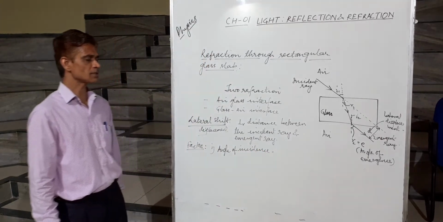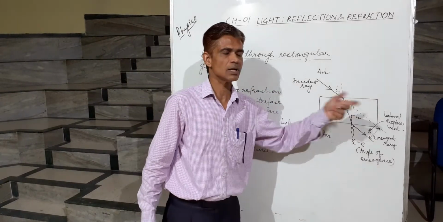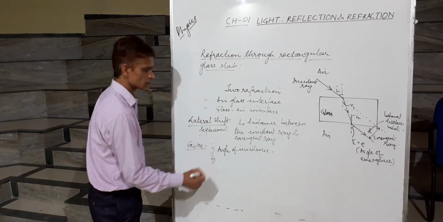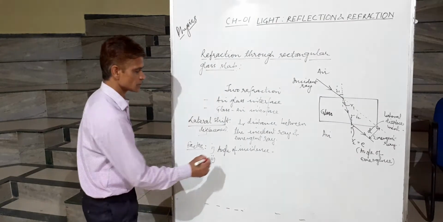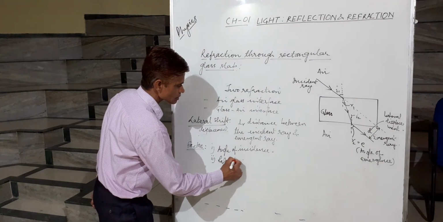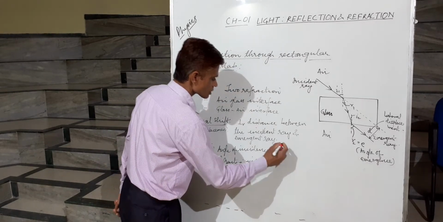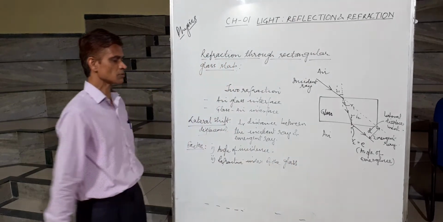If we change the angle of incidence for the same glass slab, the lateral shift will change. Second, the refractive index of the glass slab. That is your next topic I am going to discuss.